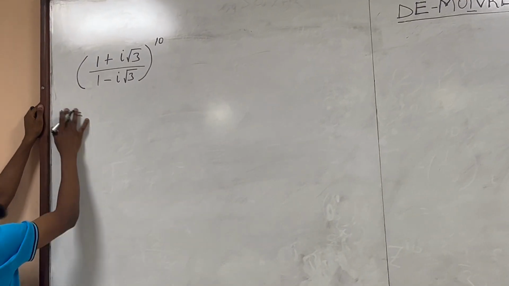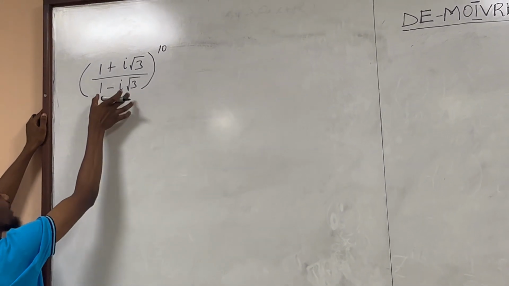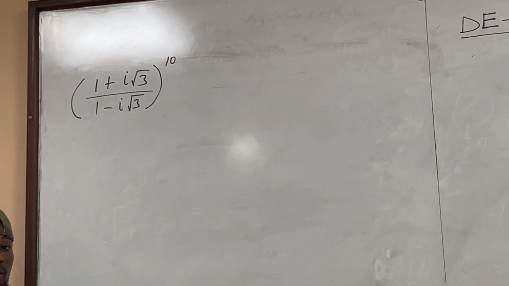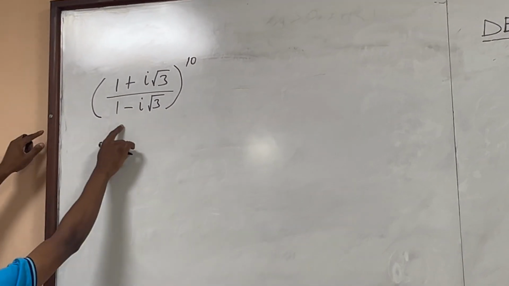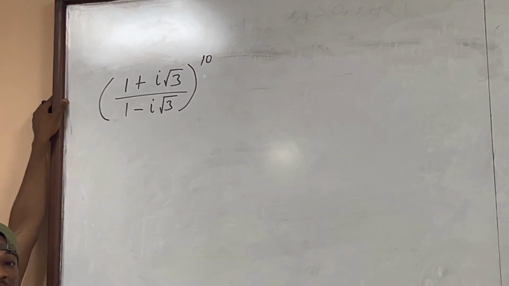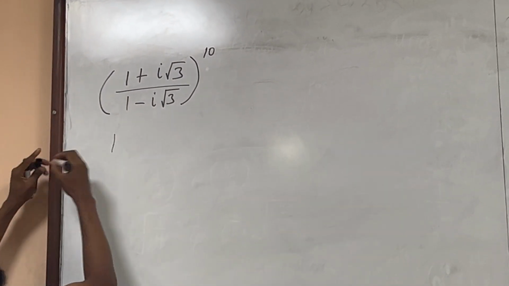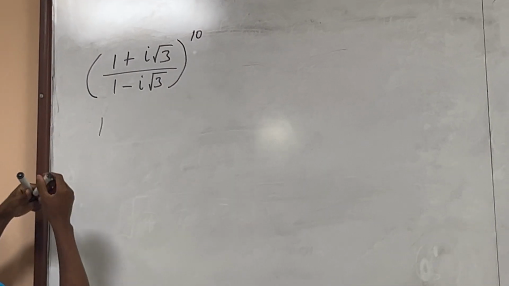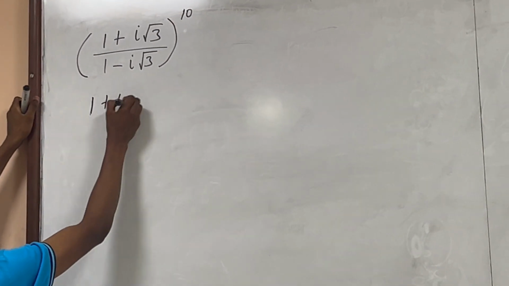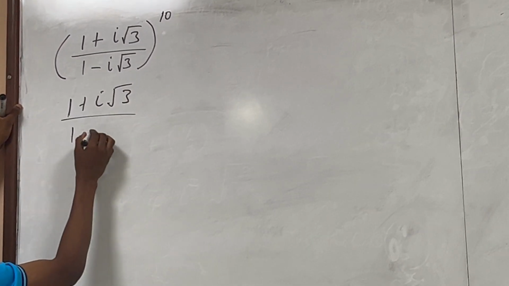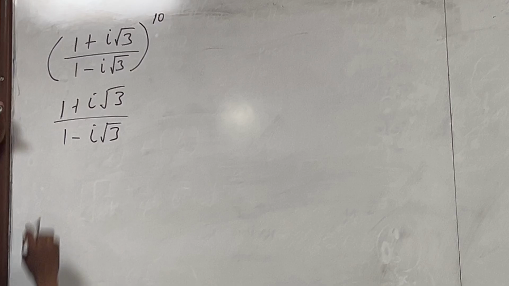Before we do that, let's try to simplify this expression. Let's discard the exponent first. What happens? I have (1 + i√3) over (1 − i√3).